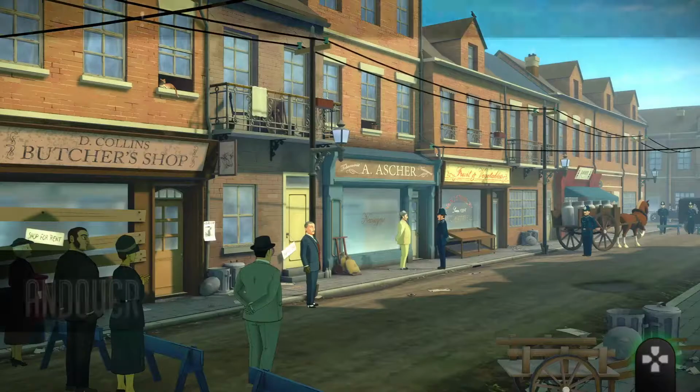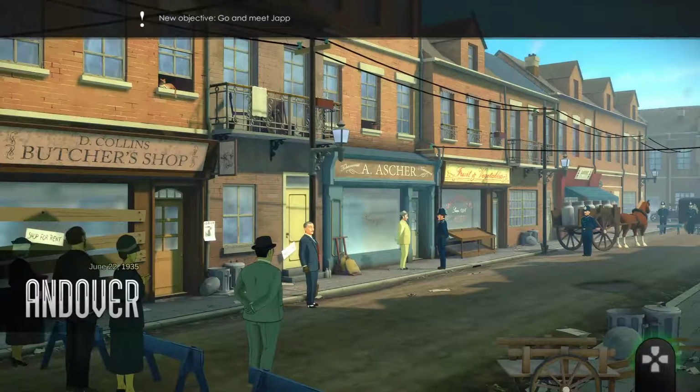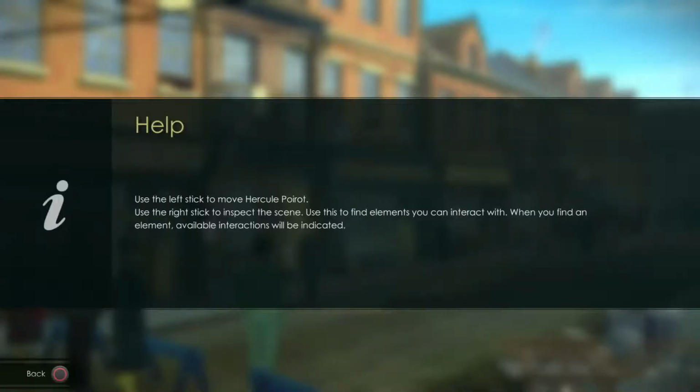Collect ego points by acting in the same... Oh, come on. Use the left stick to move Hercule Poirot. Use the right stick to inspect the scene. Use this to find elements you can interact with. When you find an element, available interactions will be indicated.